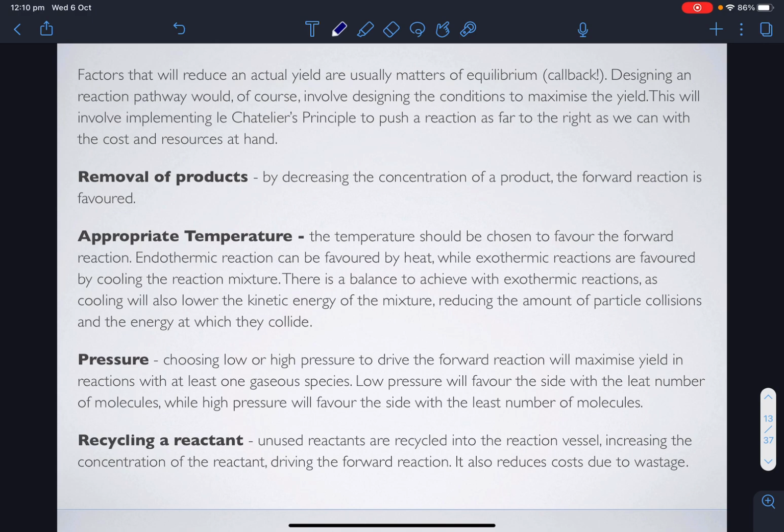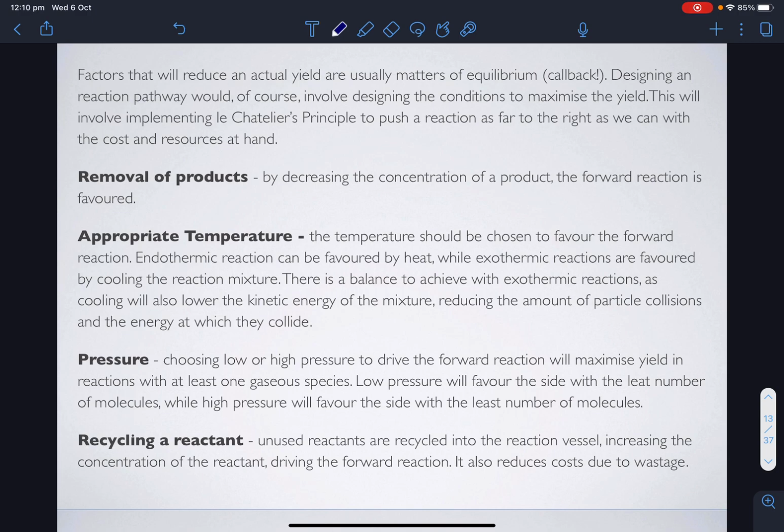We could remove products. So you decrease the concentration of a product, the forward reaction is favored. We can choose the appropriate temperature. Okay, so choosing high or low temperatures based on whether it's endothermic or exothermic process. Treating heat as either a product or reactant and using Le Chatelier's principle there.